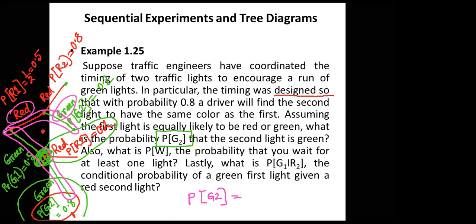Then we will find this whole line's probability. So this is the probability of R1, then into the probability of G2, conditional. Do you agree? Yes, sir.